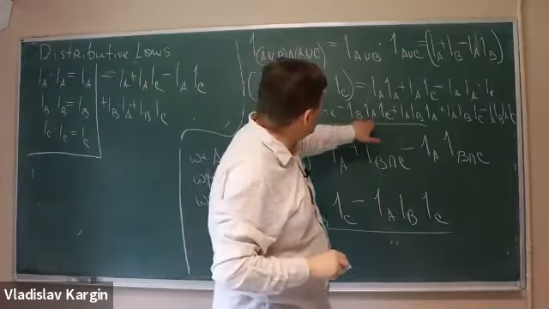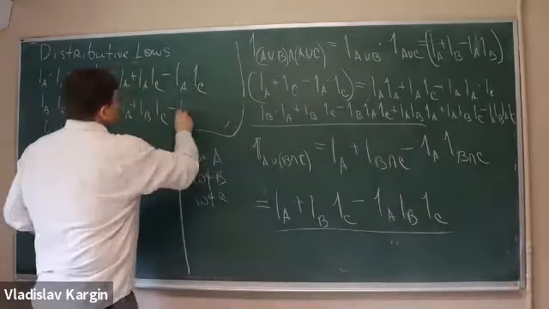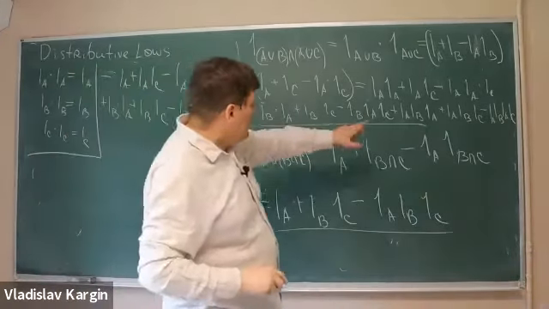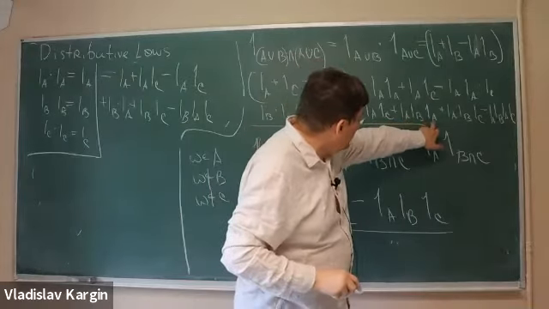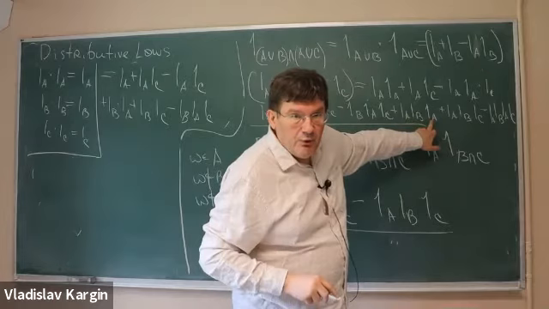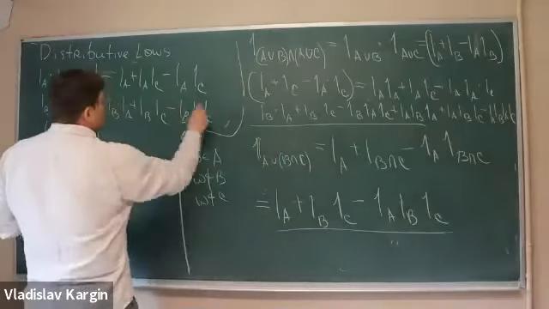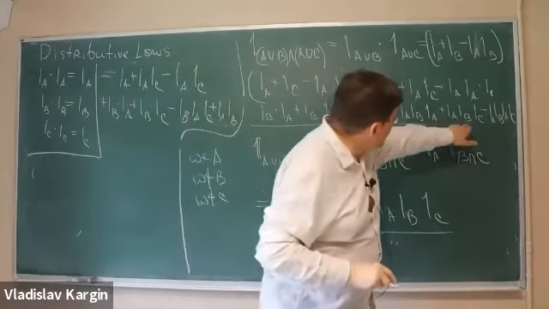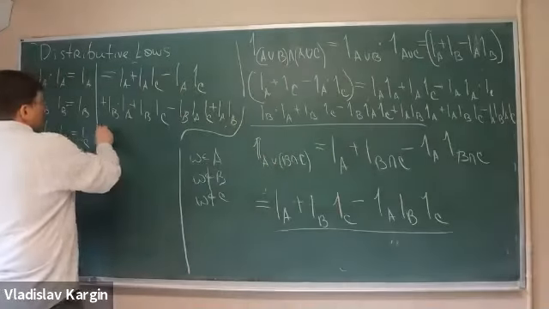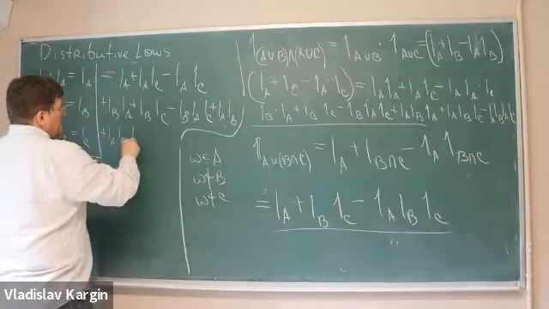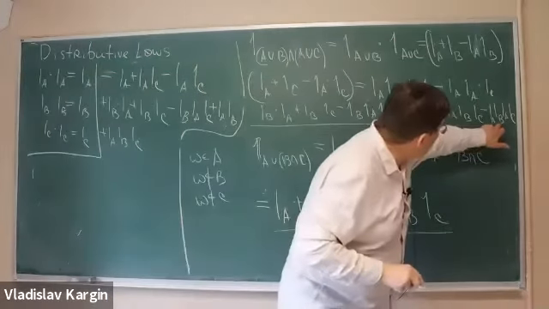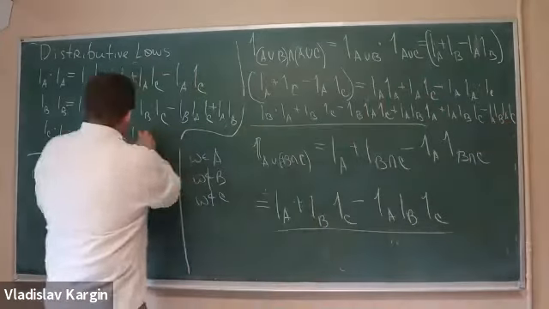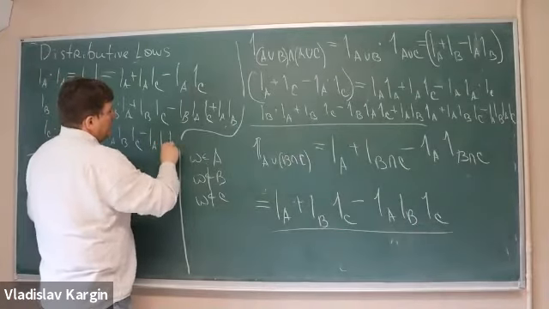Here's 1B 1A 1C, again no simplification, so minus 1B 1A 1C. So plus 1A, 1A 1B 1A, so 1A times 1A is 1A, so plus 1A 1B. Here's 1A 1B 1C. Plus 1A 1B 1C. And the last one, 1A 1B 1A 1C. So 1A times 1A is 1A, so it's 1A 1B 1C minus 1A 1B 1C.